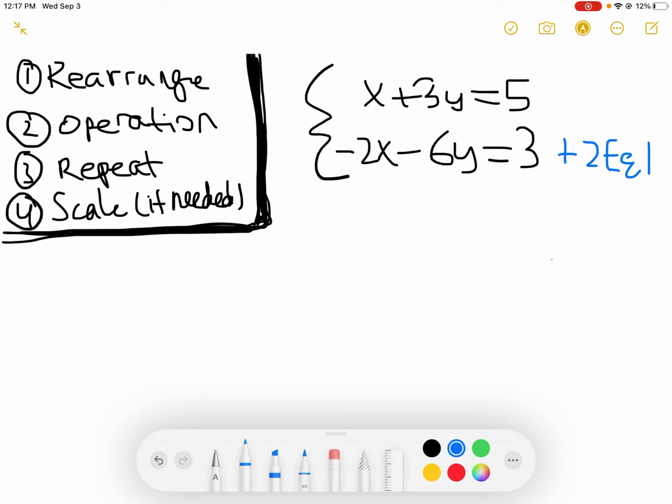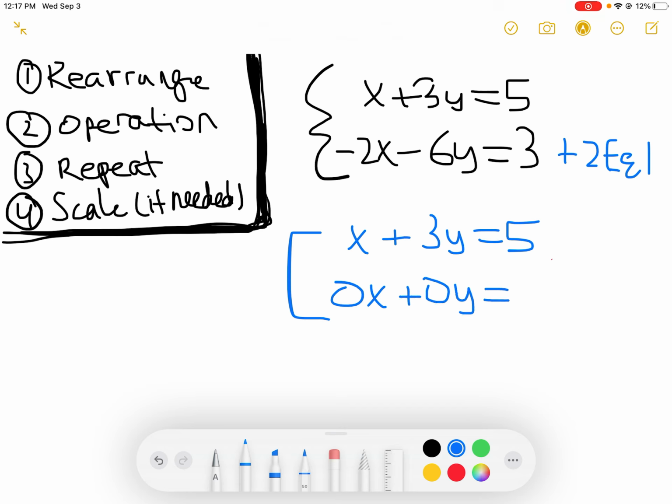And so you can see if you did negative 2x plus 2x, that's going to give you 0x. So now we'll do that, and what we would get is you didn't do anything to the top equation, so it's the same. The bottom equation makes it 0x. It's going to be negative 6y plus 2 times 3y, that's going to be 0y.